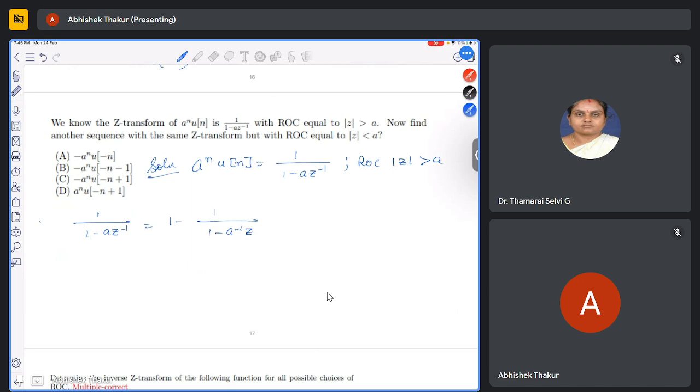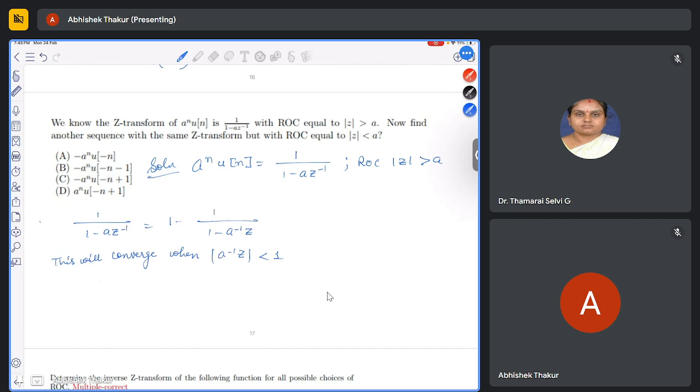We can write this as 1 minus 1 minus a inverse into z. This will converge when the magnitude of a inverse z is less than 1, which is equivalent to mod of z less than a.